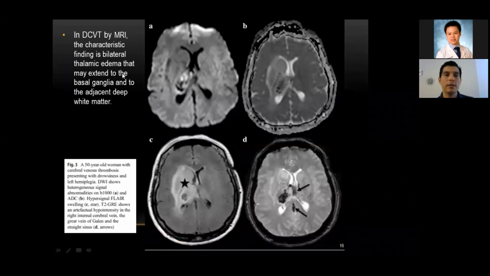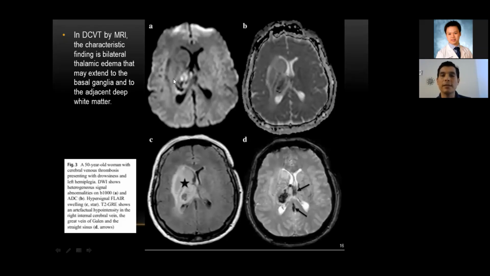In deep cerebral vein thrombosis, we can see bilateral alterations in thalamic, but in this case it is asymmetric, and the basal ganglia are compromised too, the right thalamic, and we can see this hypointensity in FLAIR, hypointensity in ADC.